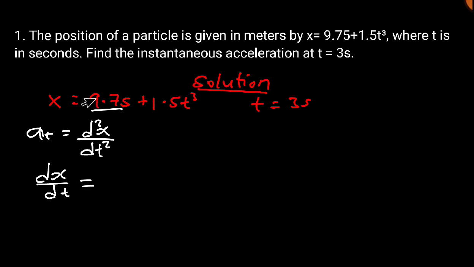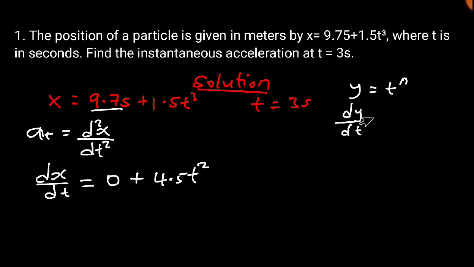If we differentiate 9.75, we get 0 because that's a constant. If we differentiate 1.5 t cubed, we get 4.5 t squared. So you see the way I did it. If you have y equals t raised to the power n, then to differentiate with respect to t, we multiply the coefficient of t by the exponent n, so n times 1.